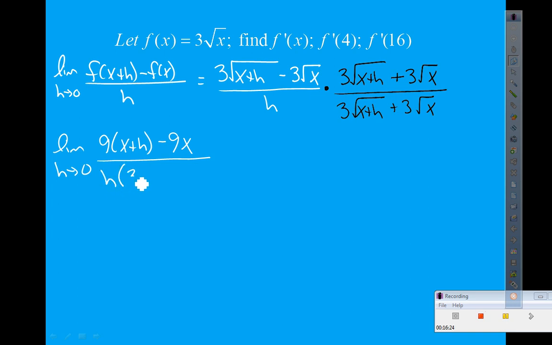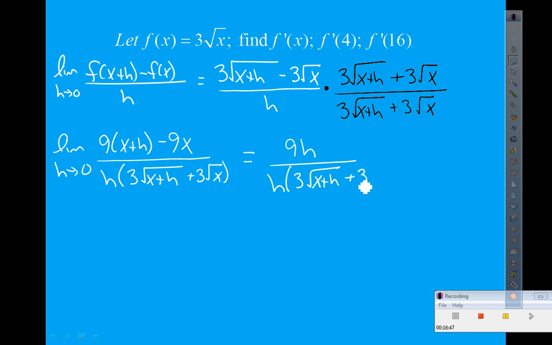So you'll see what happens with it here in just a second. But I got h times 3 radical x plus h plus 3 radical x. This becomes 9x plus 9h minus 9x. So I'm going to get 9h over h times 3 radical x plus h plus 3 radical x.